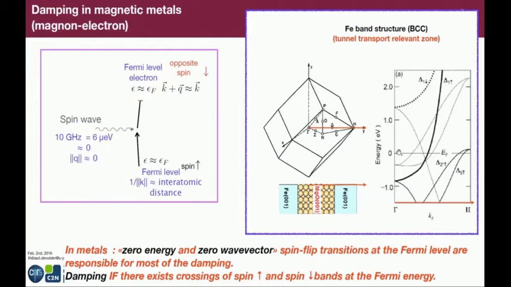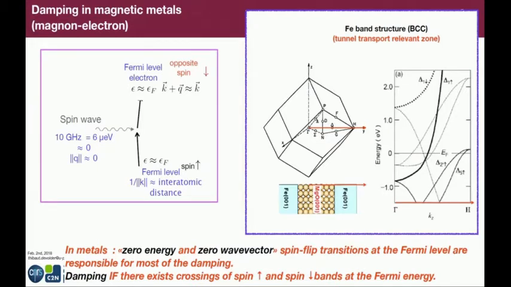If you look at the Fermi level, which is here, what you can see is that there's no crossing of spin-up and spin-down bands in this part of the first Brillouin zone. So if there was only this part, you could not find a process that could be responsible for magnon electron scattering in these metals. Of course, this is only a part of the first Brillouin zone, so we need to look at the full structures.